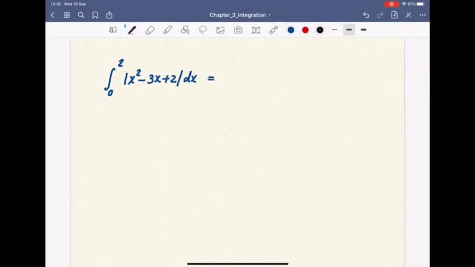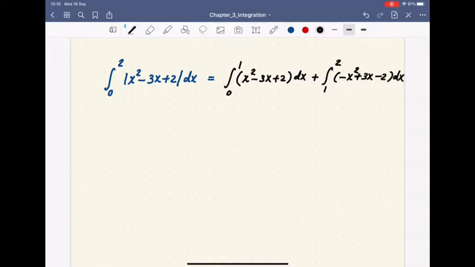So it's going to be the integral from 0 to 1 of x squared minus 3x plus 2 dx, and then plus the integral from 1 to 2 of negative x squared plus 3x minus 2 dx. This is because from 0 to 1, I use the first function, and from 1 to 2, I use the second function. And then after that, I just need to use basic integration.